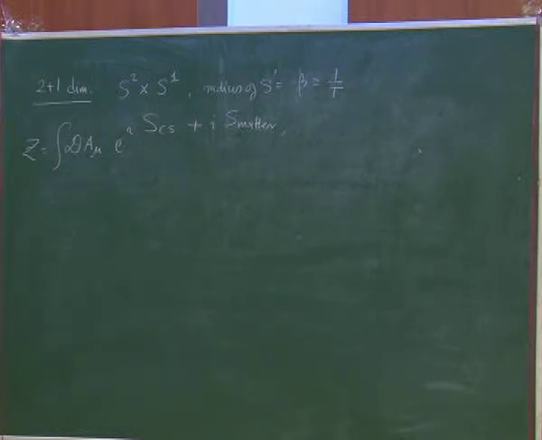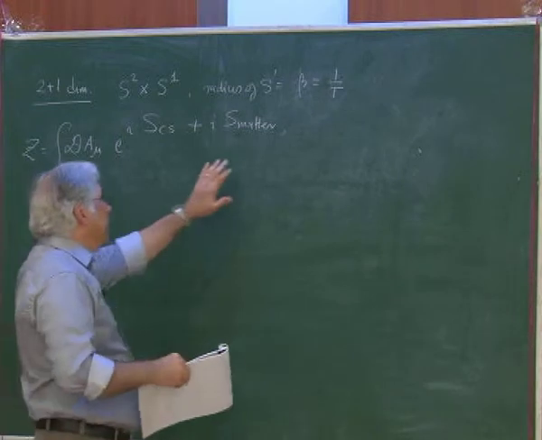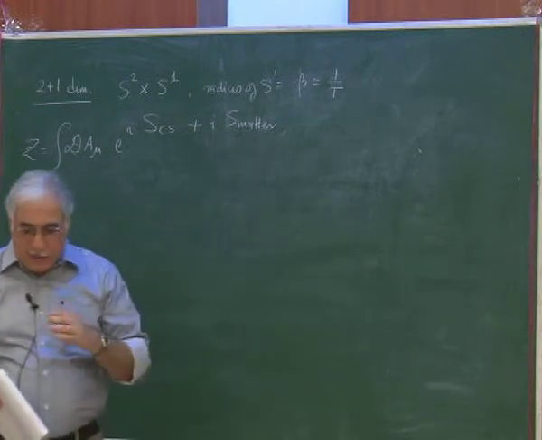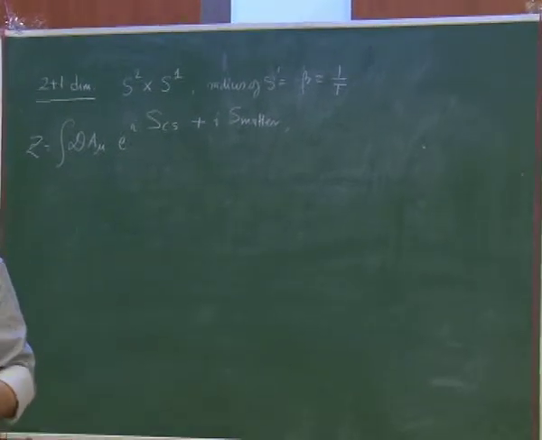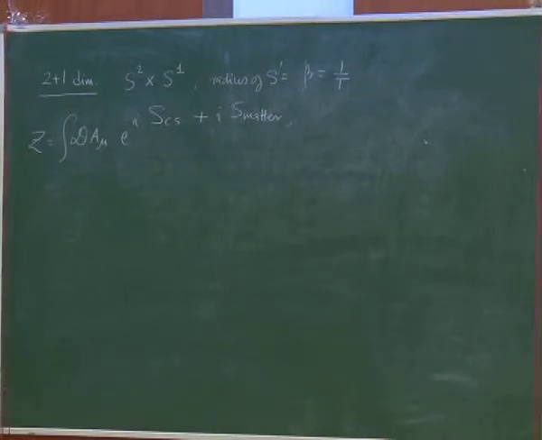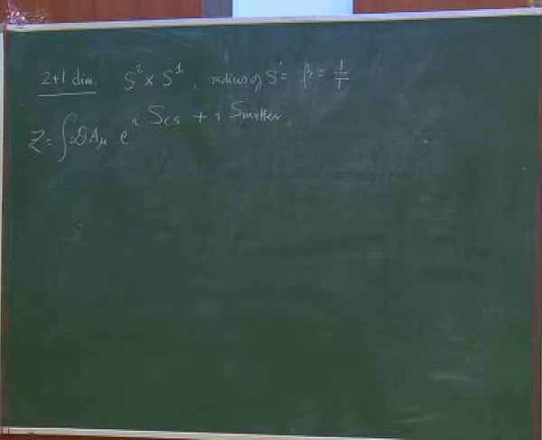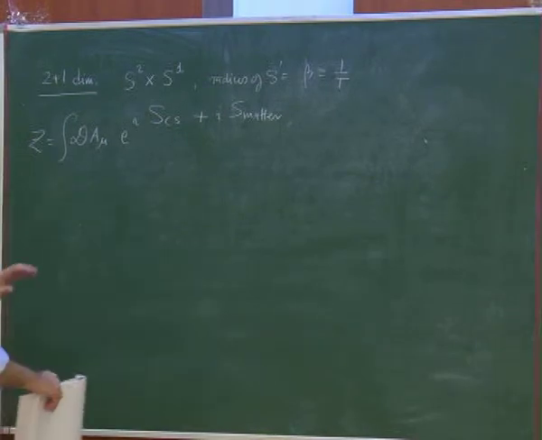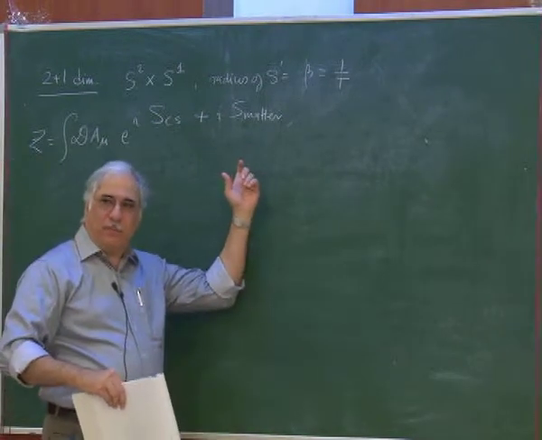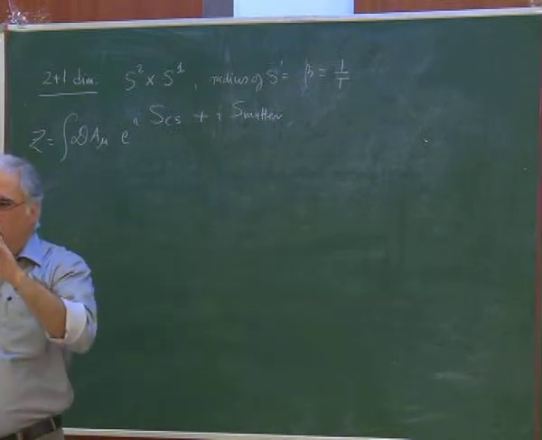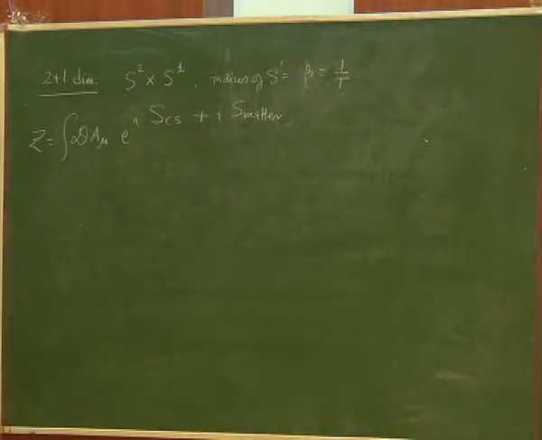Even in principle this can be calculated when you have theories deformed away from conformally invariant points. It's a little subtle, so in this talk I will not take that into account, but I will work with conformally invariant theories.